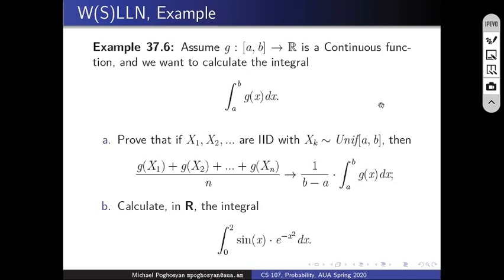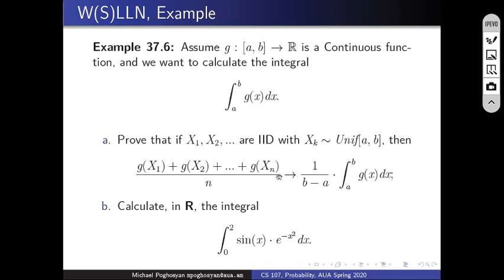Nothing probabilistic. Now we are taking IID random variables with uniform distribution on [a, b]. Then we are calculating the average value of these numbers, g of x1, g of x2, ..., g of xn, over n.